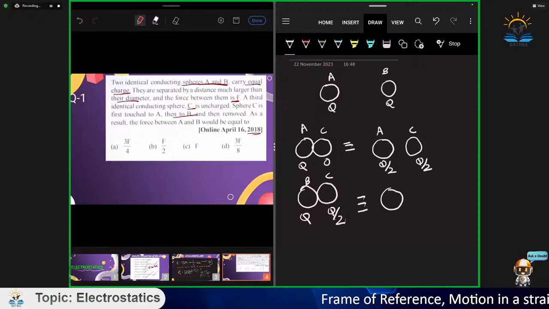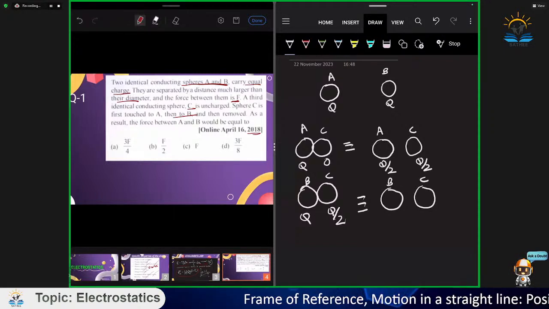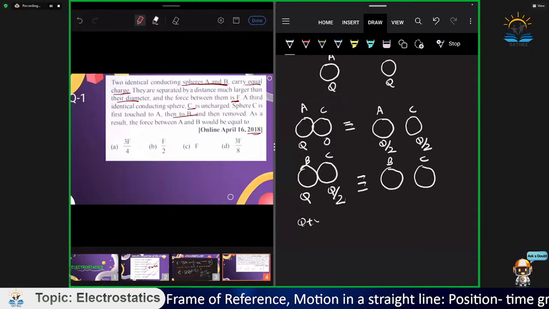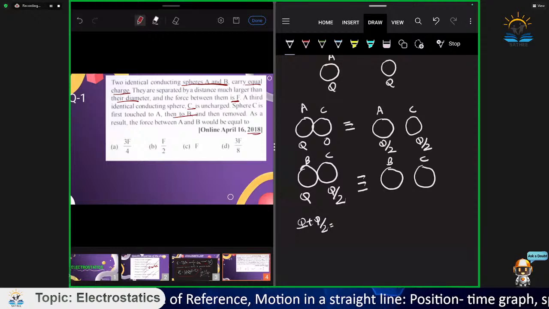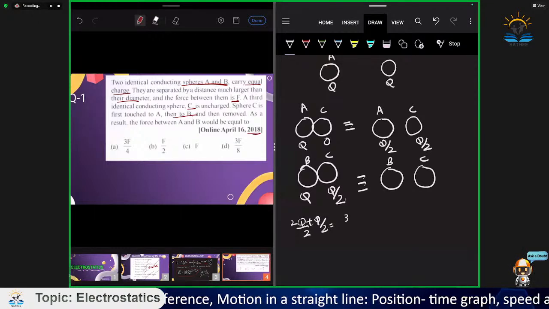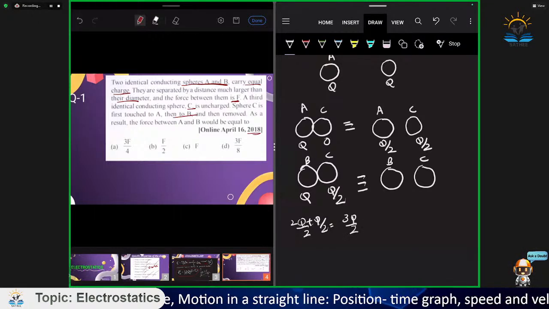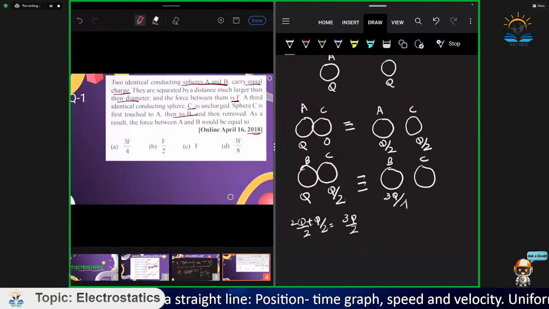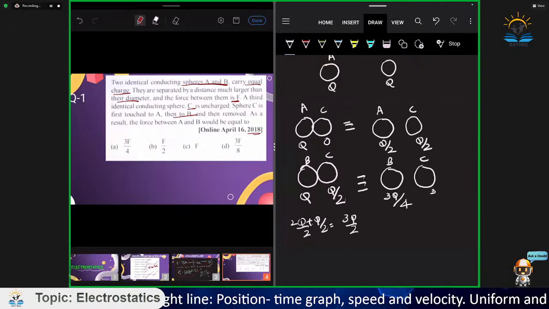Charge will transfer such that Q plus Q by 2 is 3Q by 2, and half of that is 3Q by 4. So B will get 3Q by 4 charge and C will get 3Q by 4 charge.